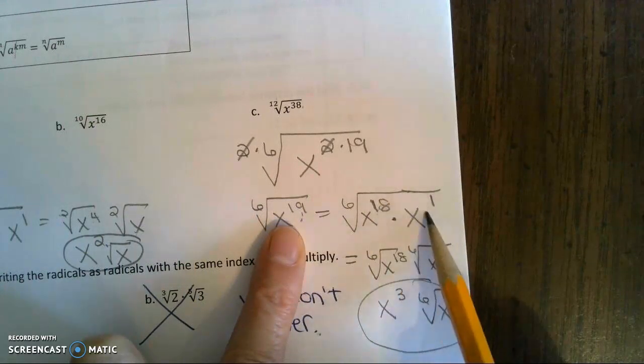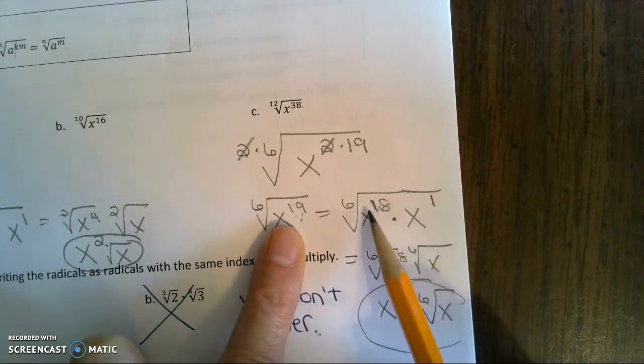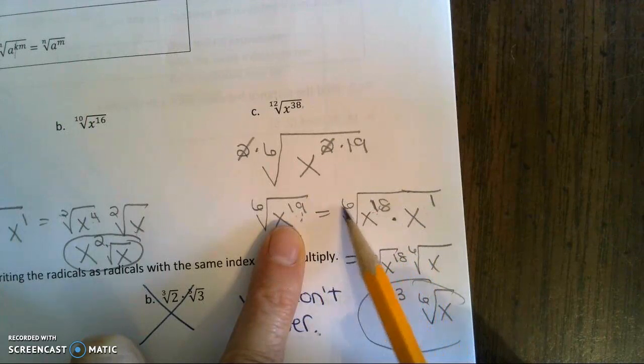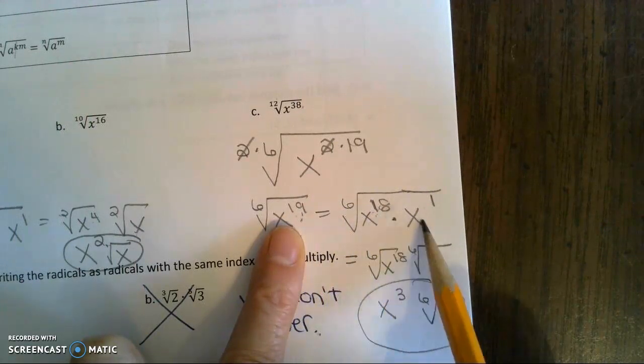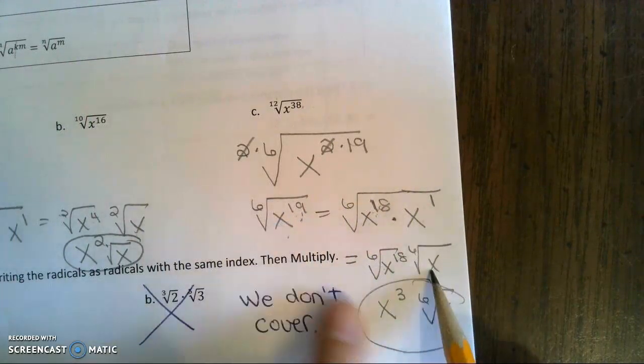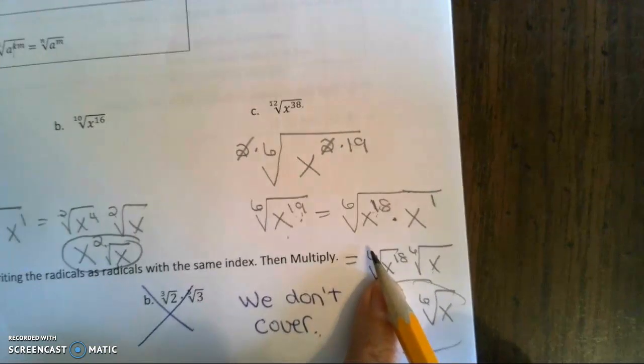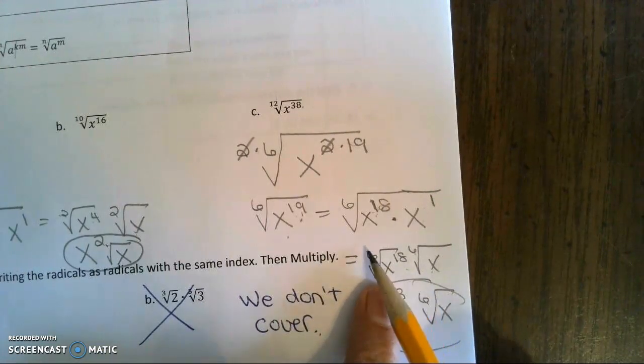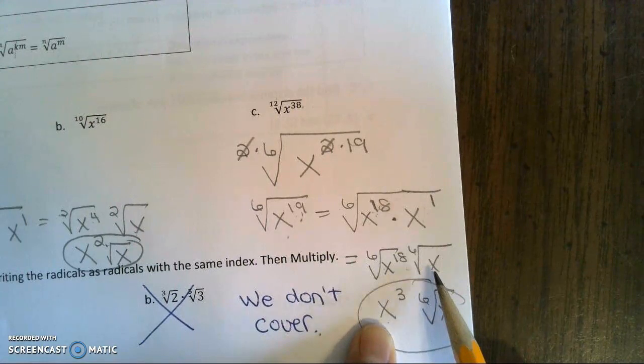So 18 plus 1 gives me 19, and 18 is a multiple of 6. And then I'm going to separate these two right here. 18 divided by 6 gives me 3, and then this stays inside the radical.